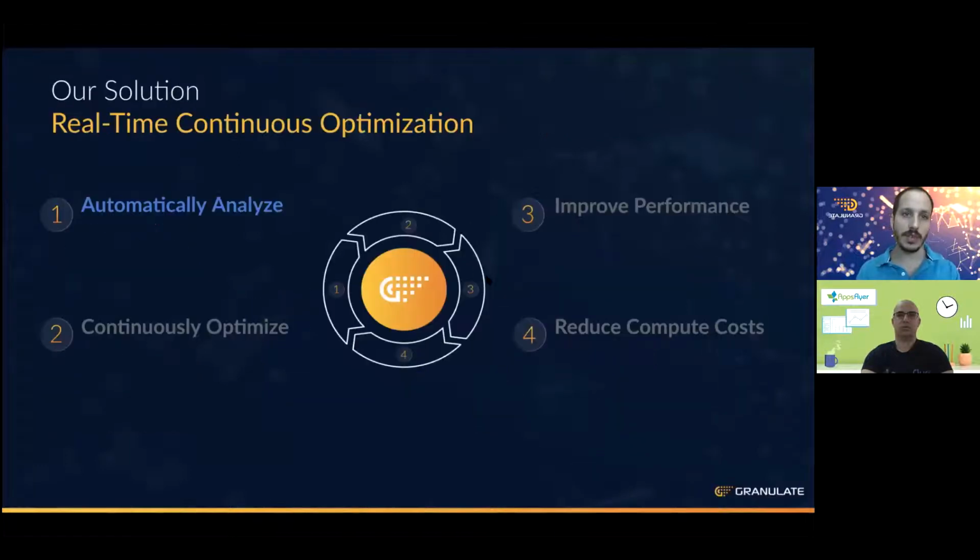Now, Granulate solves that by, first of all, automatically learning and analyzing the data flow that we've seen. So we accept an incoming request, we may be going to the disk, to the network, and so on.